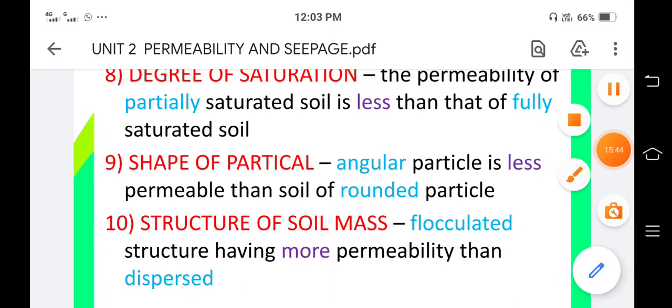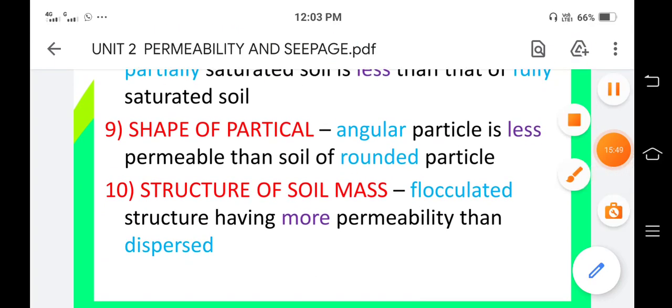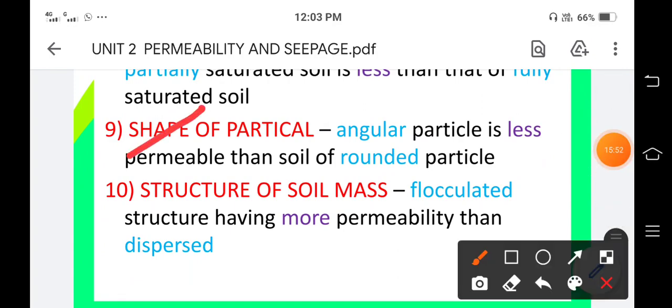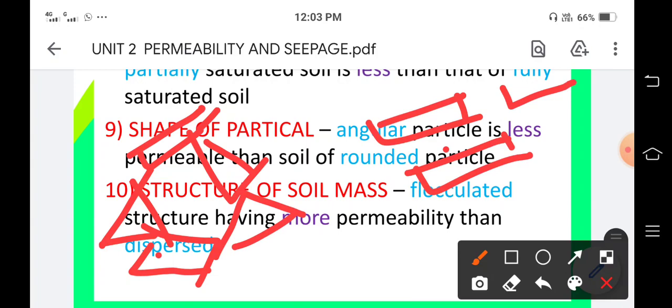Flocculated structure means the edge-to-face contact between the particles. Okay, draw the diagram. This is a flocculated structure, and this is a dispersed structure.